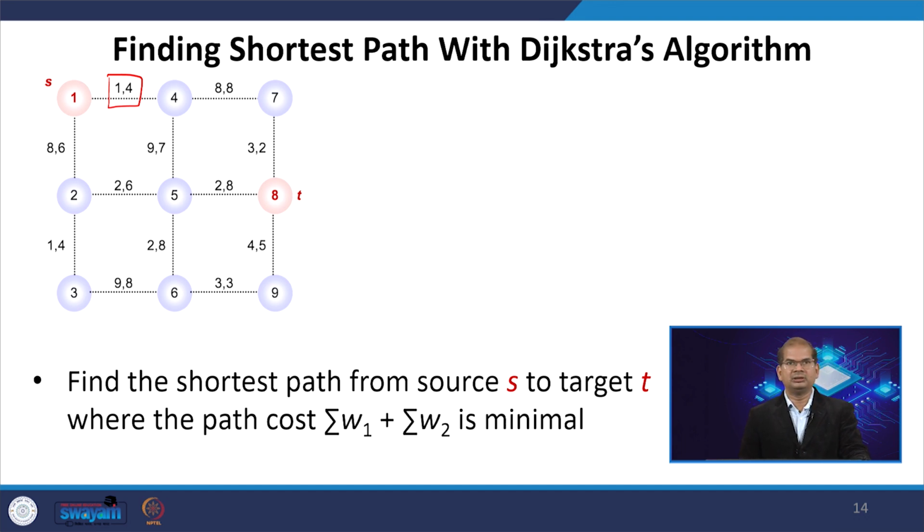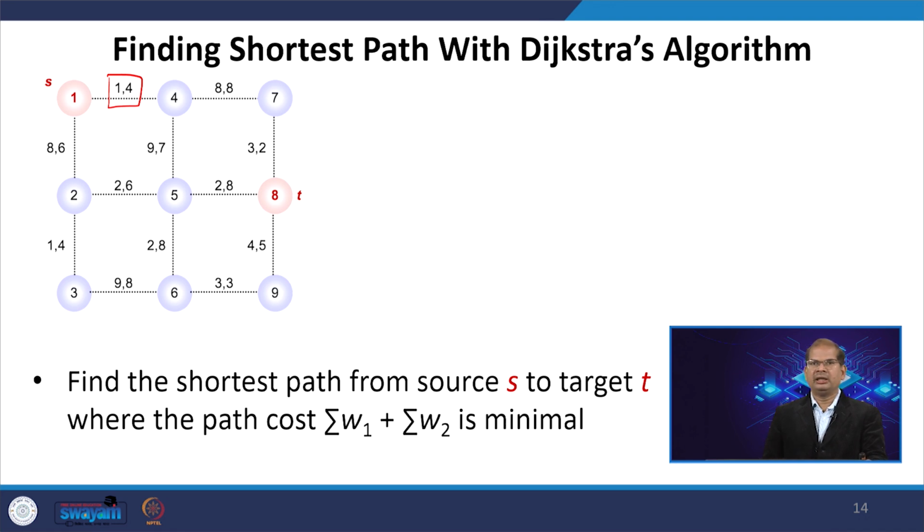So, we have to consider both the edge weights in case of Dijkstra's algorithm. And the second thing is that whenever we are doing the conventional Dijkstra's algorithm, our edges are not perpendicular to the x axis or y axis.